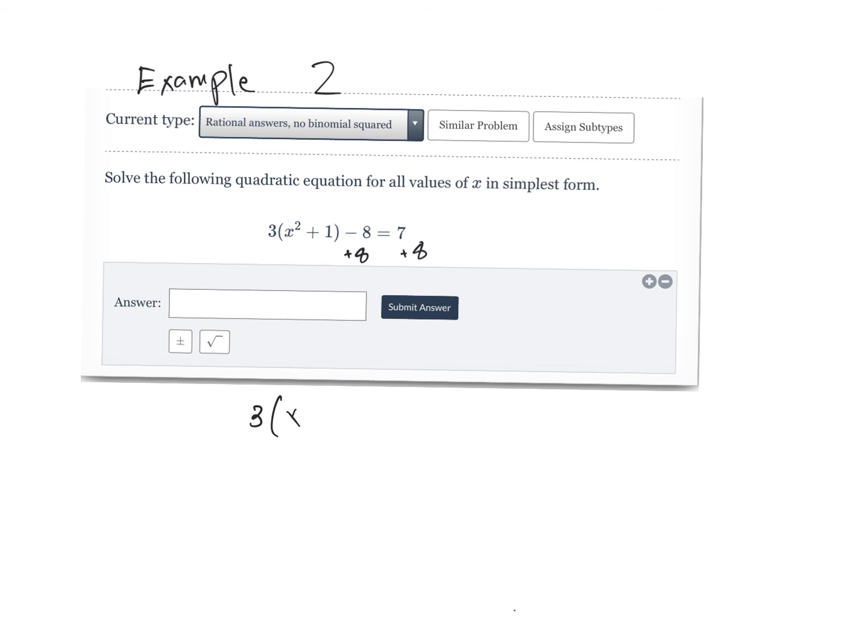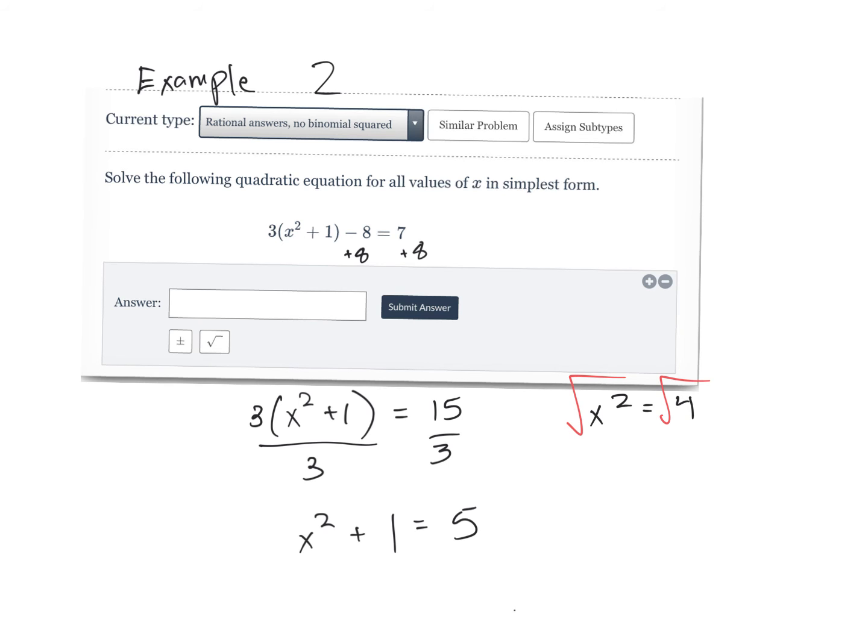Then we'll have 3 times x squared plus 1 equals 15. Don't distribute the 3 again, like I said. You can divide out the 3 because distributing will make it more complicated. Here we are, x squared plus 1 equals 5. And then you're going to get x squared equals 4. And then when you square root both sides, you'll see that x is 2 and negative 2.